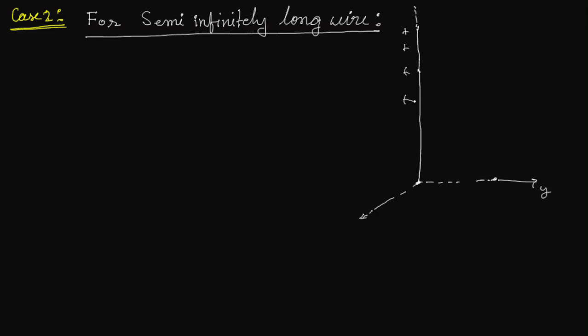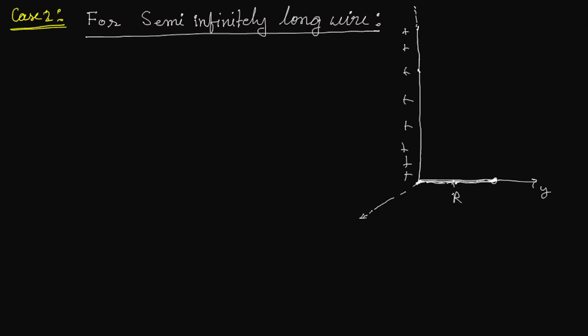If it is like this, and we want to calculate the electric field at this point at a perpendicular distance r from the wire, then when we connect the near end point with this point, we get a line, and this line makes an angle with the perpendicular.